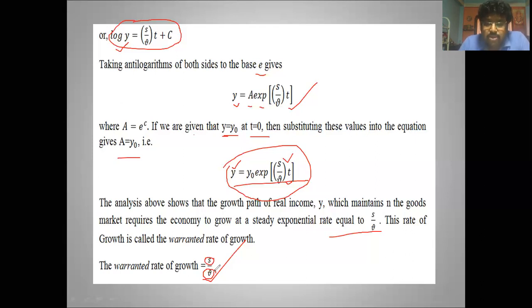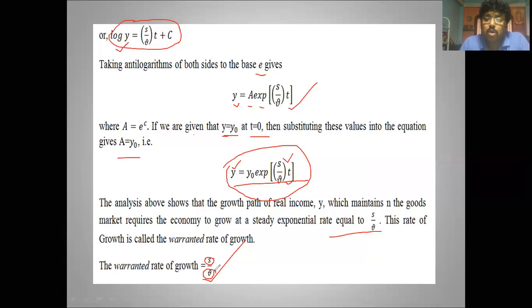These are the assumptions. To maintain equilibrium in the goods market, there are two more assumptions: one, the desired investment should be equal to the desired savings, and two, capital stock should be fully utilized.